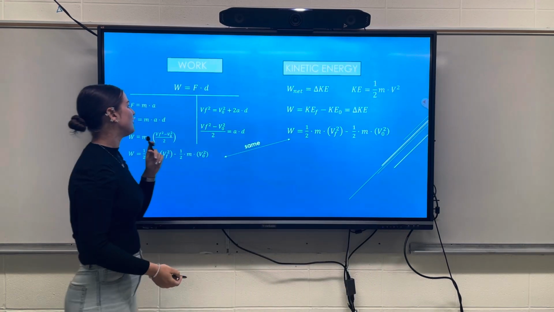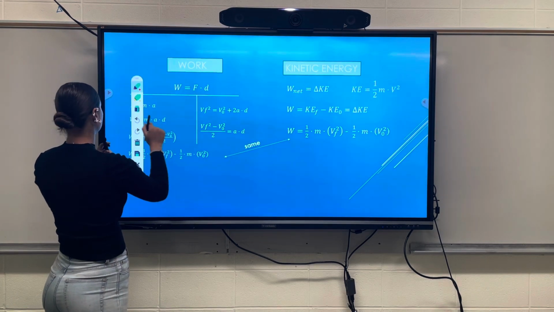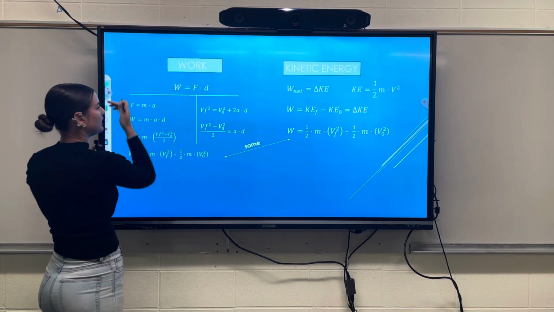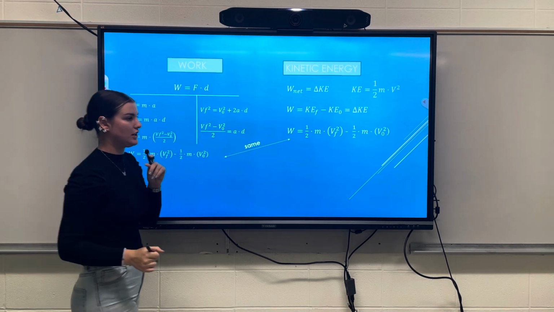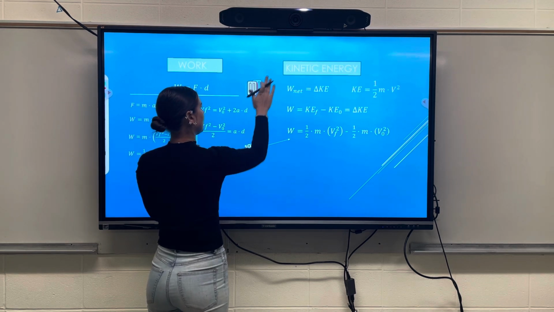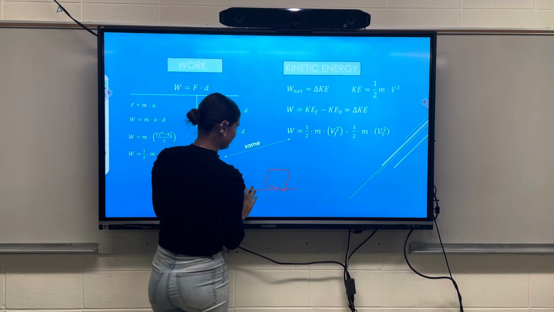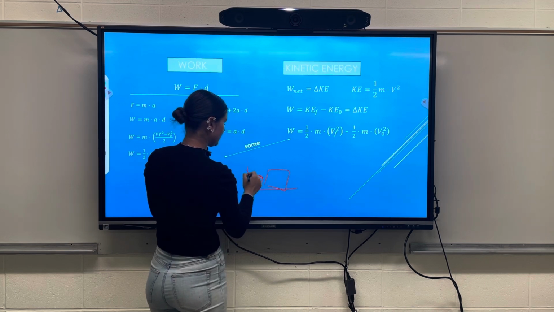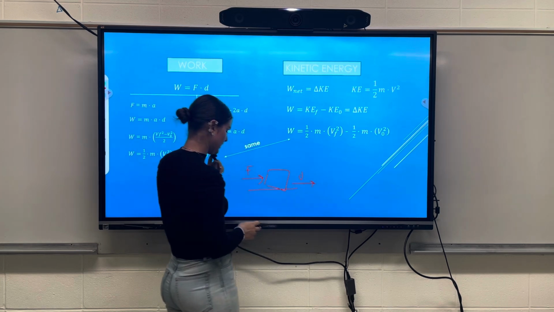So, the first thing that I have written over here is that after some applied force, we can see the change in the distance. Let's do an example about that. For example, we have the force, and there is some type of change in the distance.